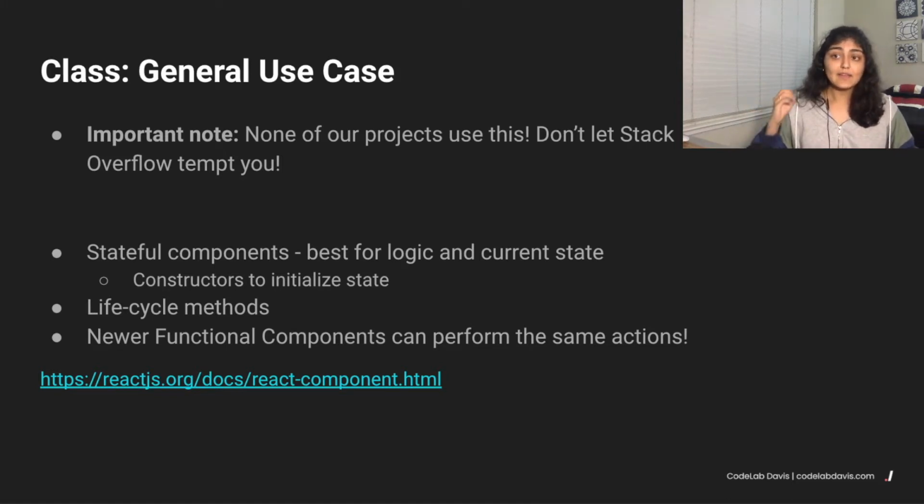It also has lifecycle methods, which are constantly running in the background to sense any new changes and update the logic or render the new JSX code if necessary. Functional components can now perform the same actions in fewer lines of code and are generally easier to read and understand than class-based.